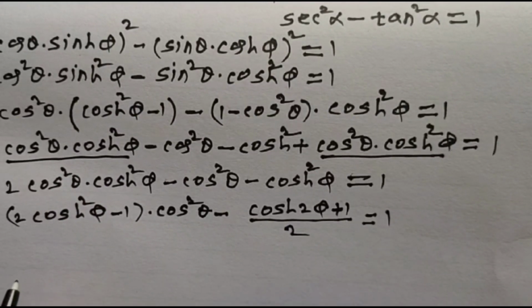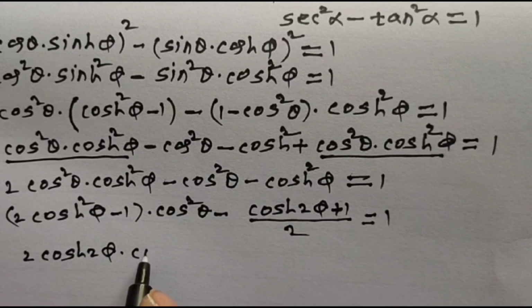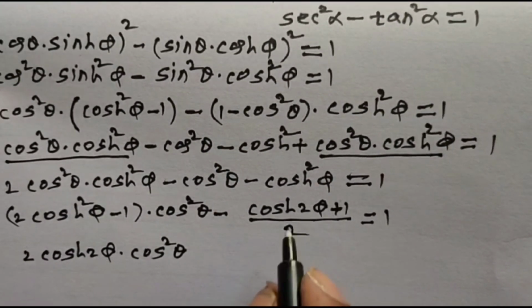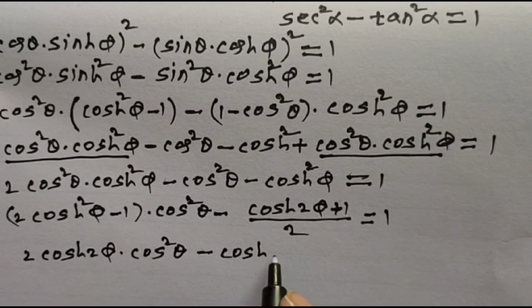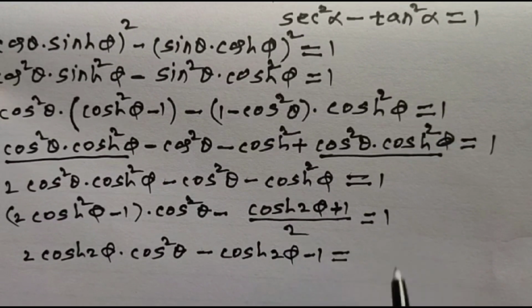Multiply both sides by 2, so we can write 2 cosh 2φ cos²θ − cosh 2φ − 1 = 2.